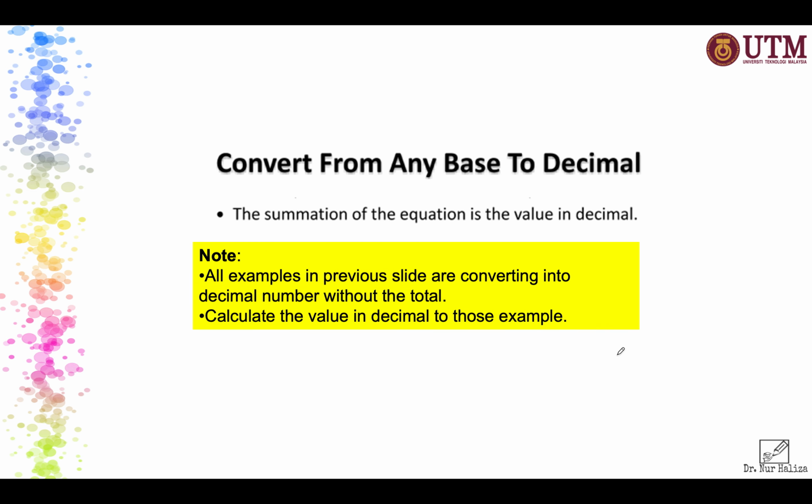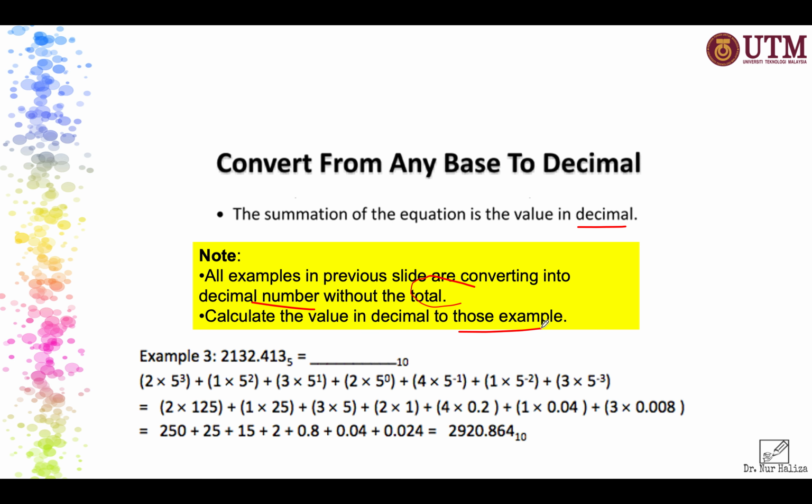So the summation of all the equations is the value in decimal. Please take note that all examples in the previous slides are converting into decimal numbers without a total. So you can calculate it on your own, of course. Calculate the value in decimal for the examples given here.